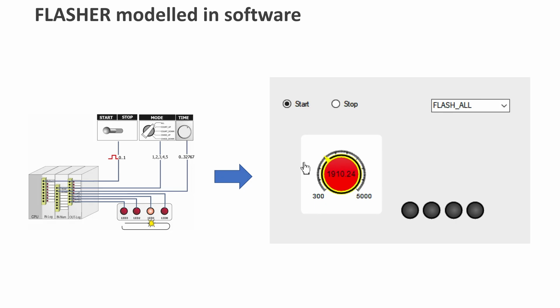It has this red knob to change the frequency of the flashing, and also it has this drop-down menu on the right-hand side to change the mode of flashing on the fly. You see that now it's counting up, and now it will be counting down. So, such a simple product. What is the 61499 implementation of that?